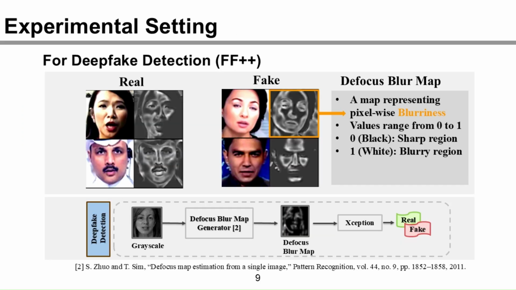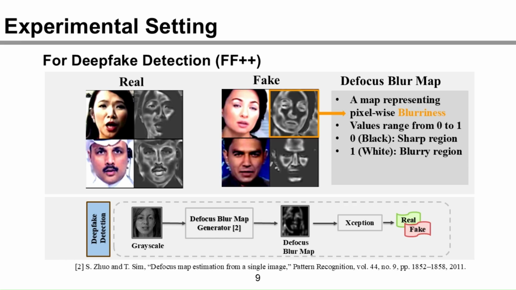Here is our experiment setting. Before diving into the results, let me briefly explain how we generate the Defocus Blur Map. As we can see in this example, we define the Defocus Blur Map as a pixel-wise representation of blurriness, with values from 0 to 1.